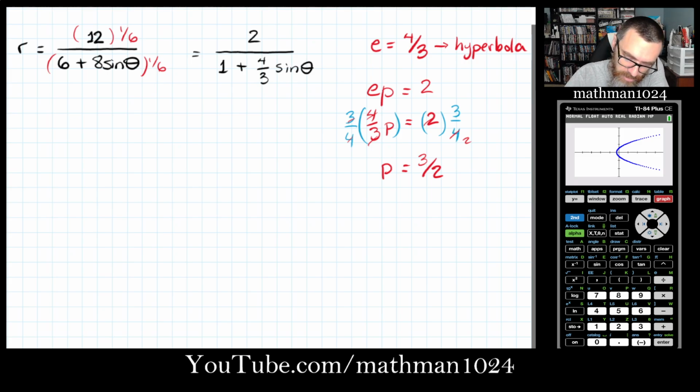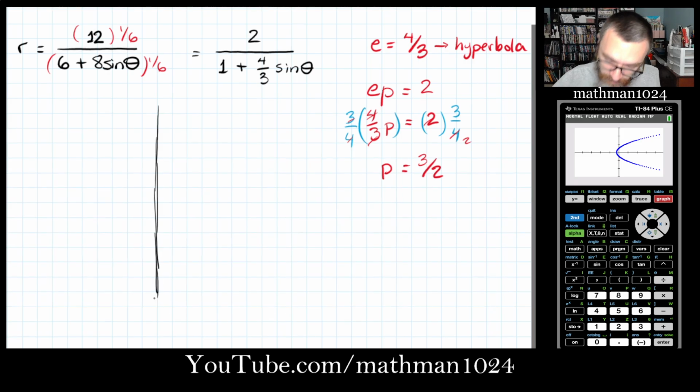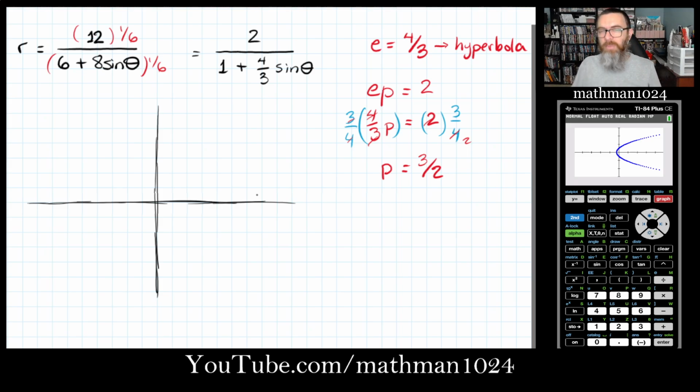Okay, so let's start drawing this, put things in place, and see what we have. Now we're dealing with some fractions. The p is 3/2, so I might want to let each square represent half a unit. That might give us a little bit more room to work. All right, so we know that one focus is always going to be at the origin.